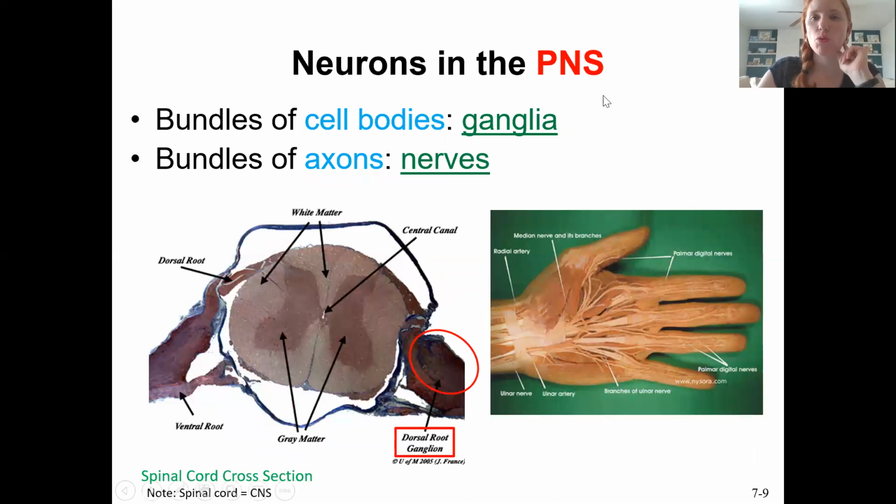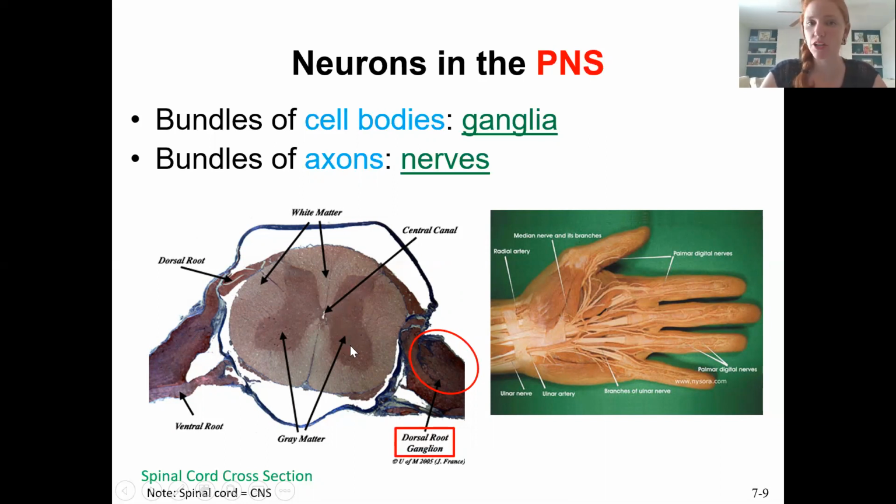Now looking at the peripheral nervous system, the two different structures of the peripheral nervous system are nerves, which most of us have heard of, and then ganglia, or ganglion if it's singular. Ganglia are collections, little groups, little clusters of cell bodies found within the peripheral nervous system. For example, in this picture right here, here is the spinal cord, which would be part of the central nervous system.